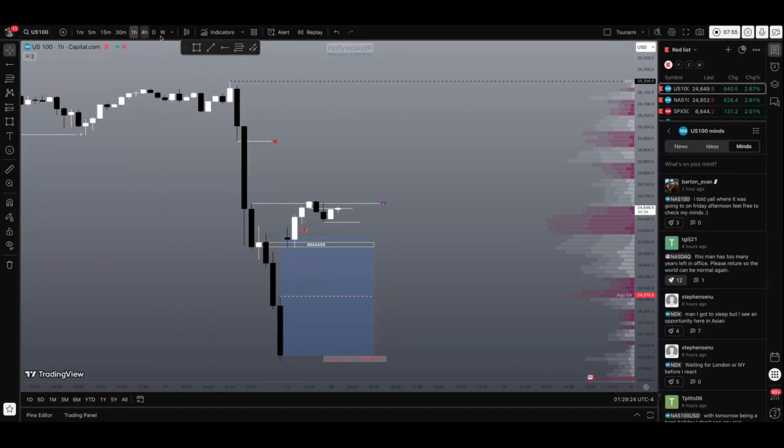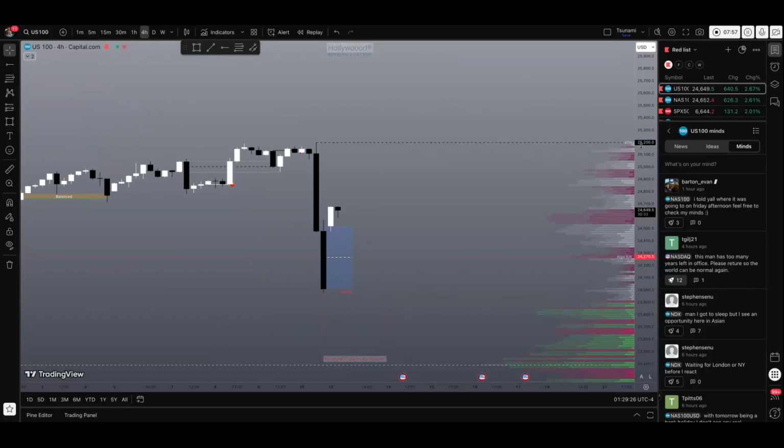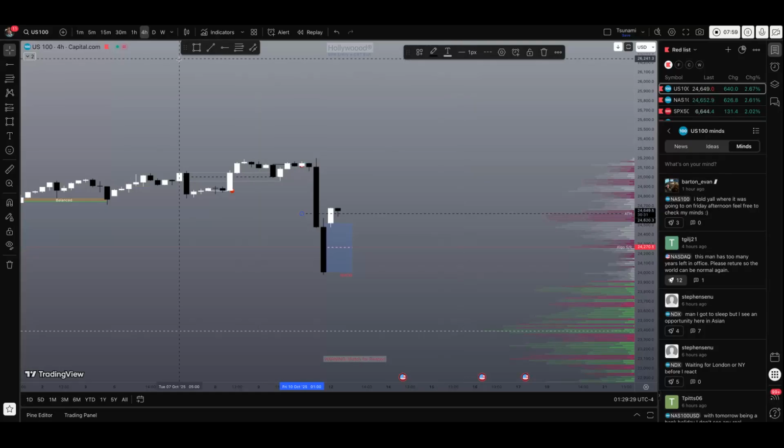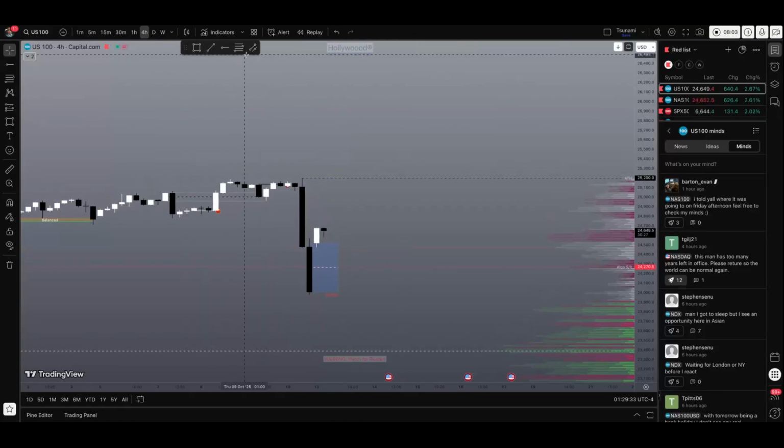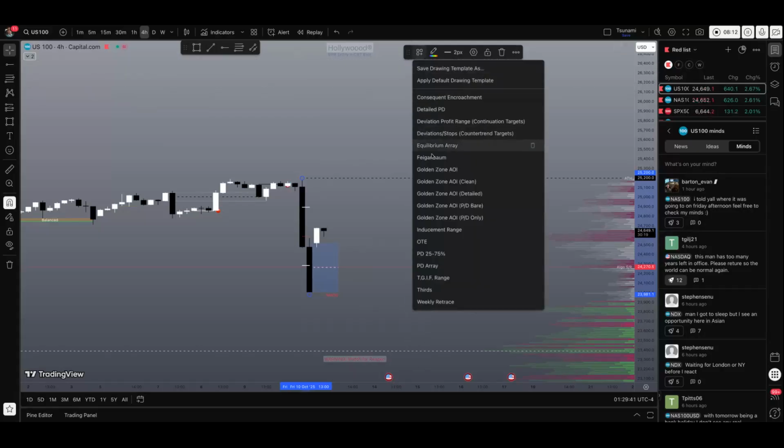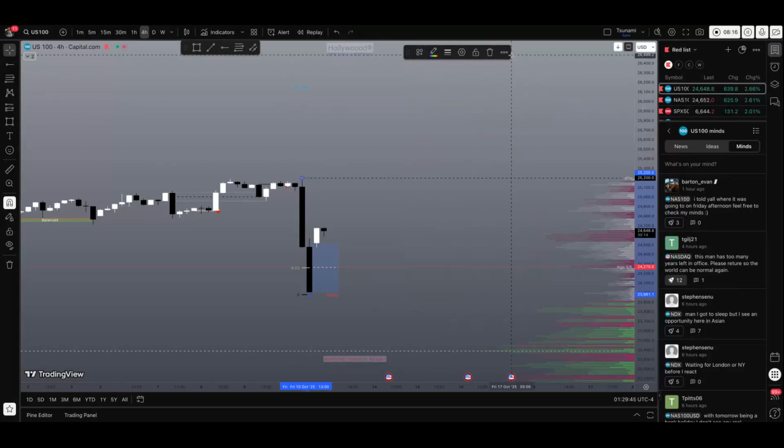That's what I do need to do, but I'll probably do that on the 4-hour chart. And this actually does feed into the rest of the video as well because this is how you find algorithmic levels as well.